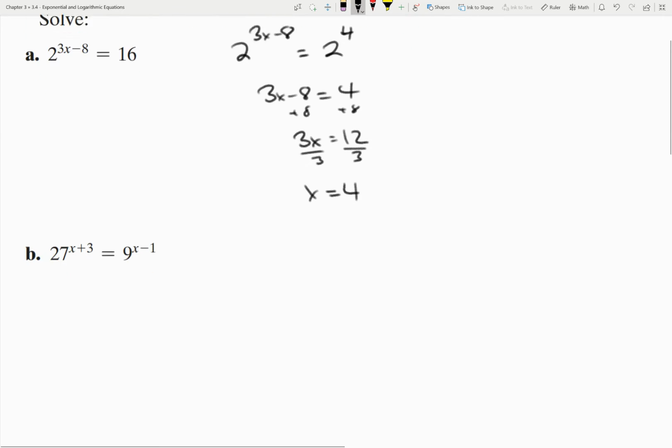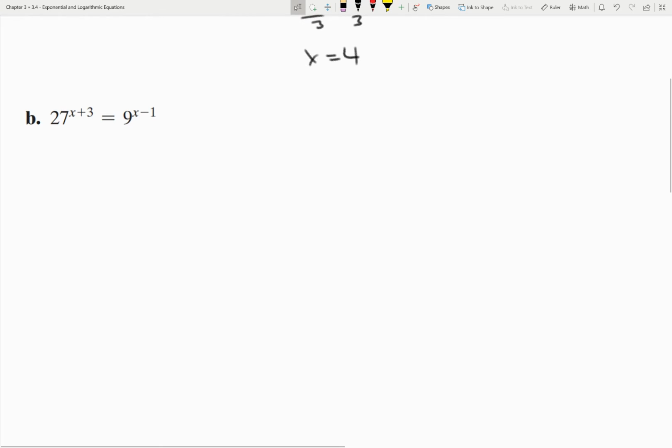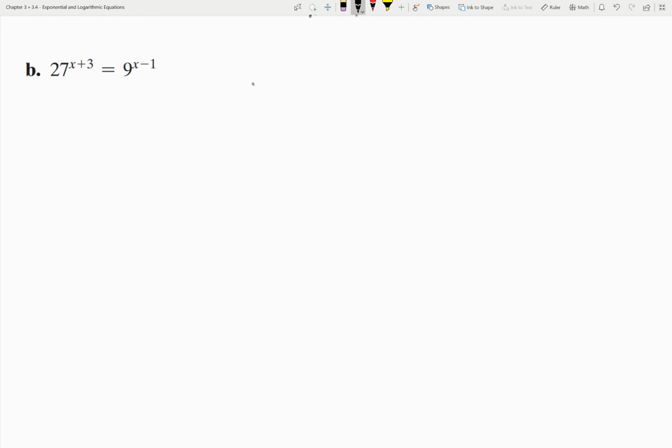Okay. Next one. I can't make both sides have a base of 9. 9 to some power is not 27, so that doesn't work. But we can make both sides have a base of 3. 3 to the third power is 27.